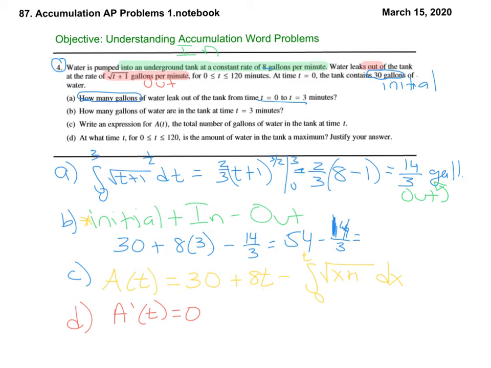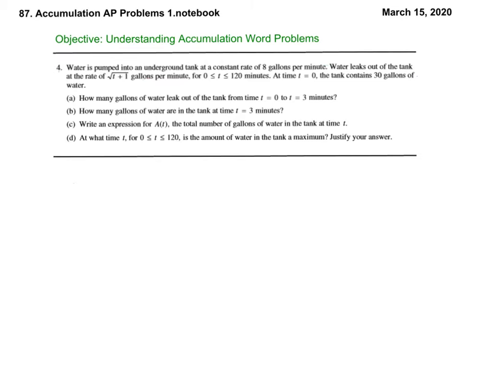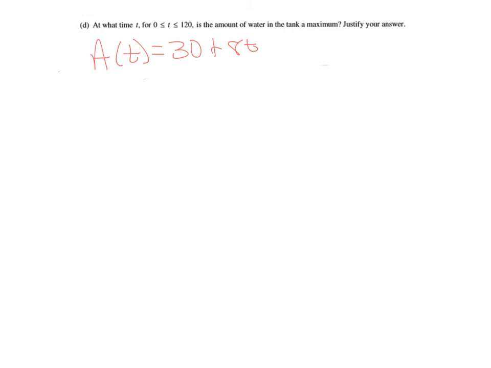So I'm going to rewrite my formula. We have A of t equals 30 plus 8t minus the integral from 0 to t of the square root of x plus 1 dx. So I'm going to take the derivative.